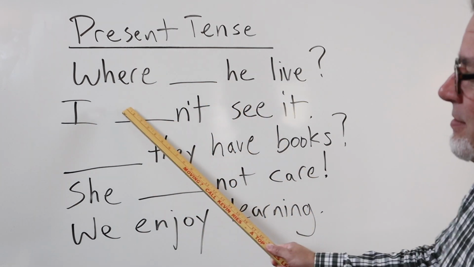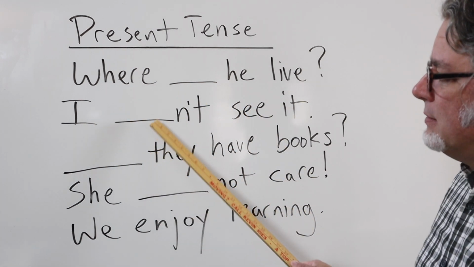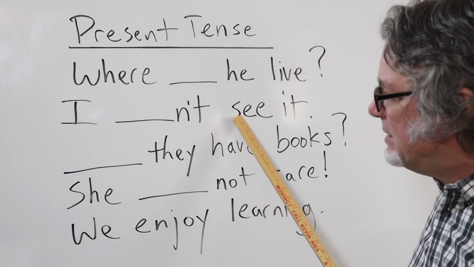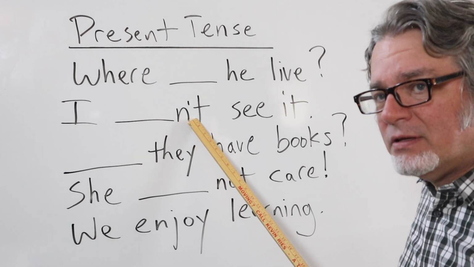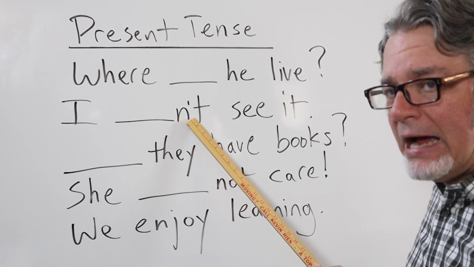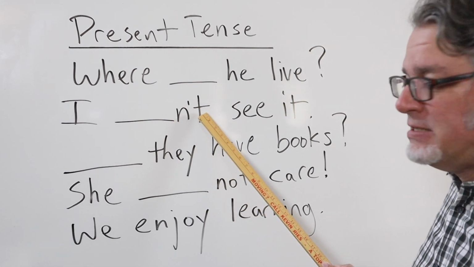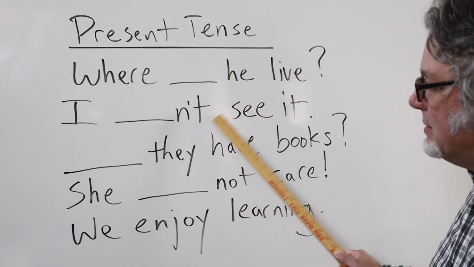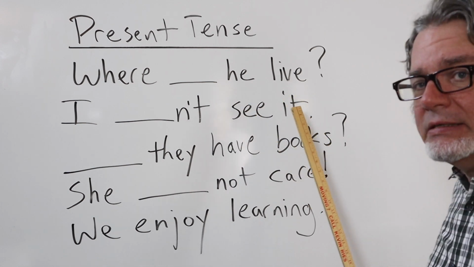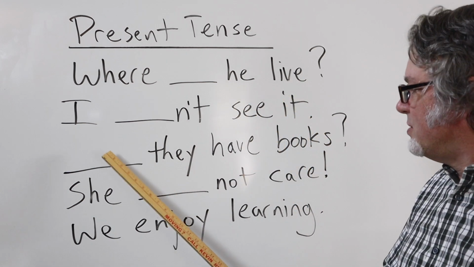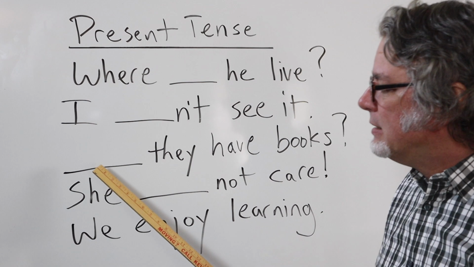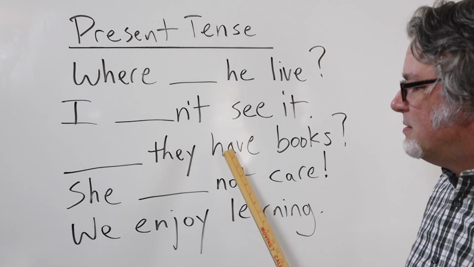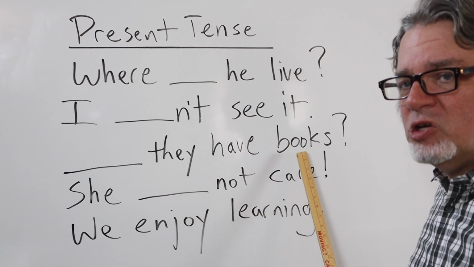This is negative. I. Here's the helping verb for the verb see. This is negative using the contraction for not and apostrophe T. I, negative, see it. This is a question, present tense, subject, main verb is have, books.